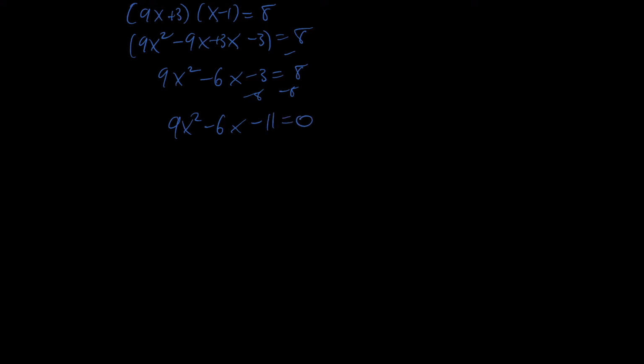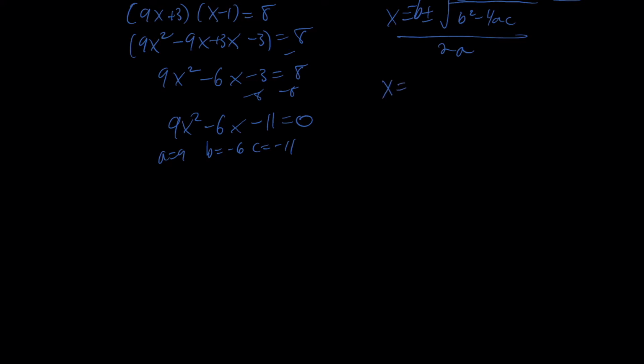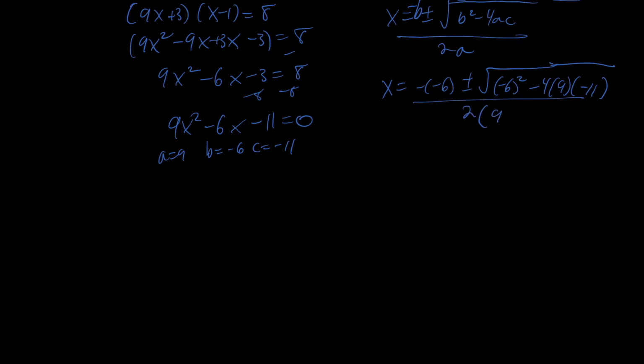Okay, now I'm going to go ahead and label my ABCs. x equals negative b plus or minus the square root of b squared minus 4ac all over 2a. x equals negative negative 6 plus or minus the square root of negative 6 squared minus 4 times 9 times negative 11 all over 2 times 9.